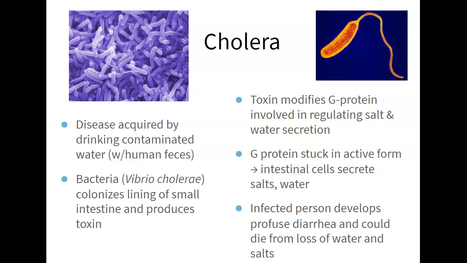And what happens is it sticks to the active form, and it causes the intestinal cells to secrete water, which is not great, because if you are secreting water 100% of the time, you are having profuse diarrhea. And the idea is cholera just basically makes you lose all of your fluids too quickly to replenish, and you essentially die of dehydration.